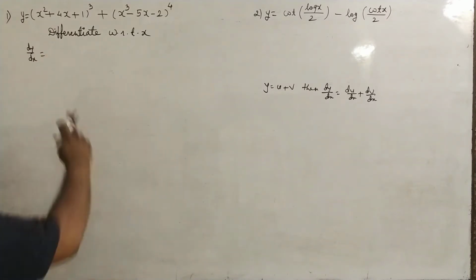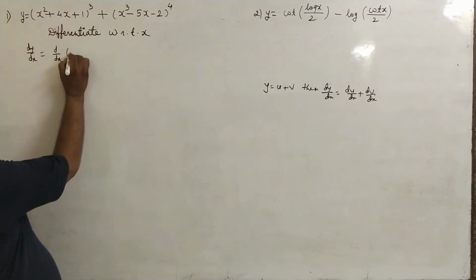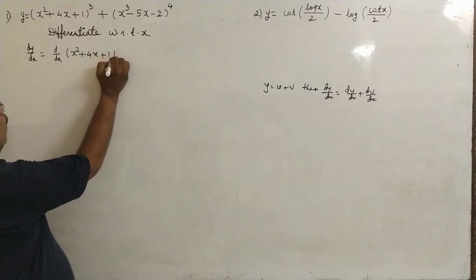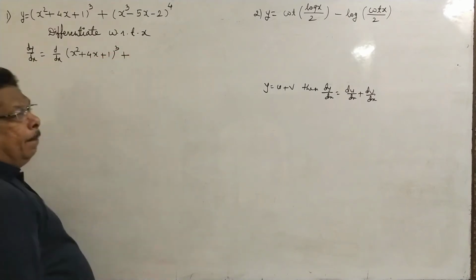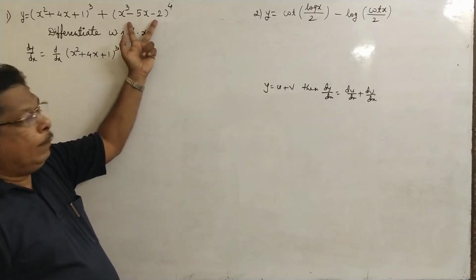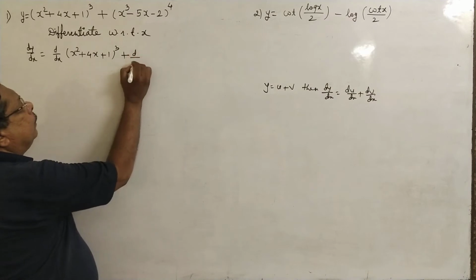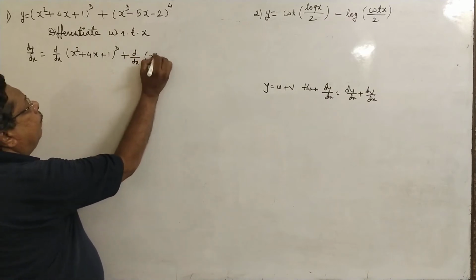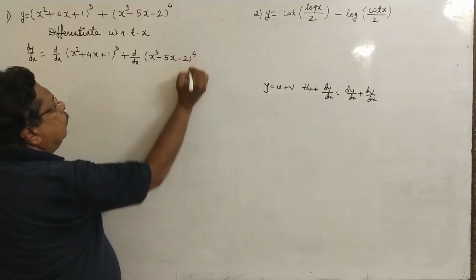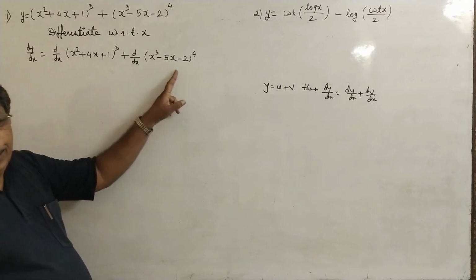What is the derivative of u? d by dx of u, d by dx of (x square plus 4x plus 1) raised to 3, plus the derivative of v with respect to x. This is the v term. Okay, now take the derivative of this term, d by dx of (x cube minus 5x minus 2) raised to 4. d by dx of u plus d by dx of v.